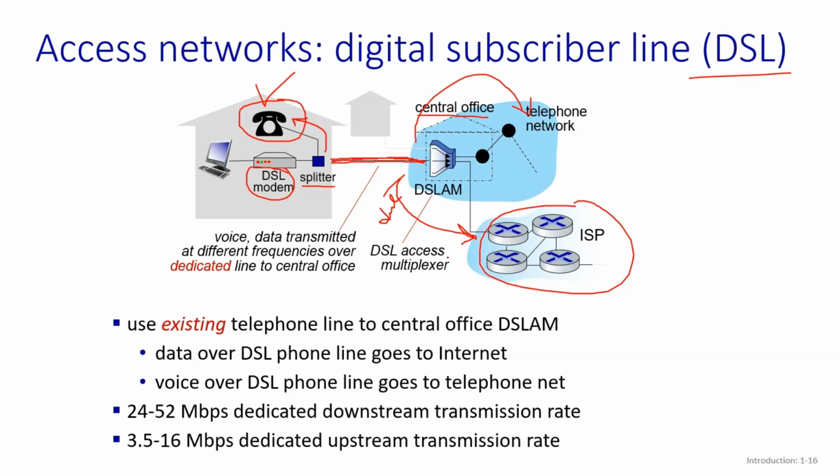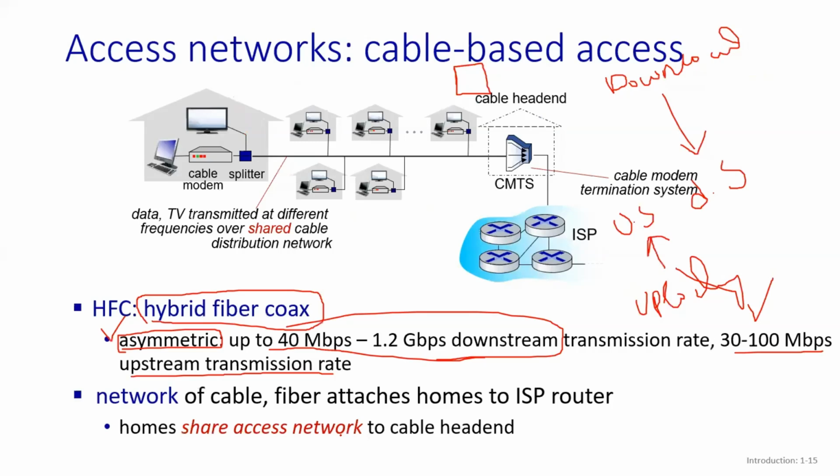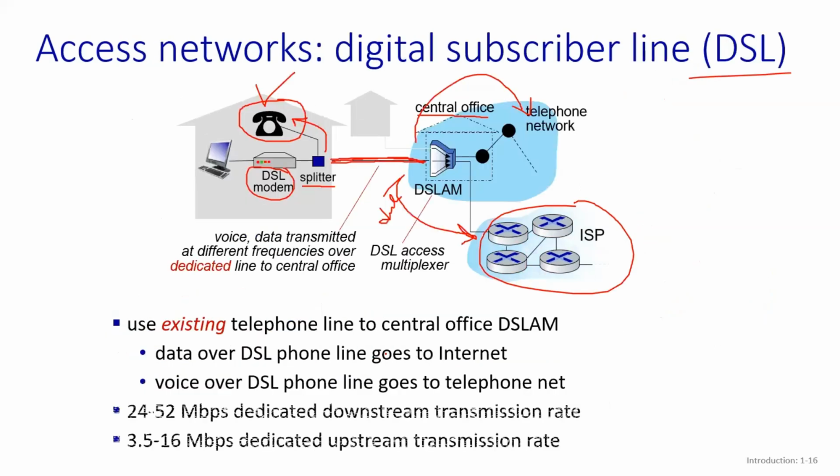Again, these are the standards: 24 to 52 MB per second dedicated downstream transmission rate. In the case of DSL, we have 24 to 52 MB per second downstream, whereas in the case of cable-based access, we have 40 MB per second to 1.2 GB per second downstream.